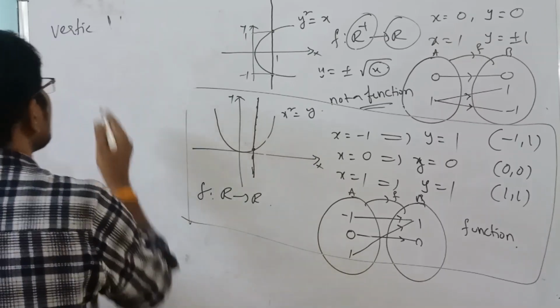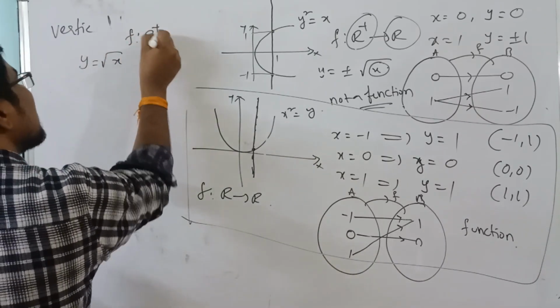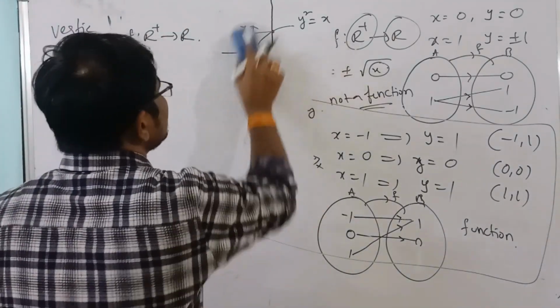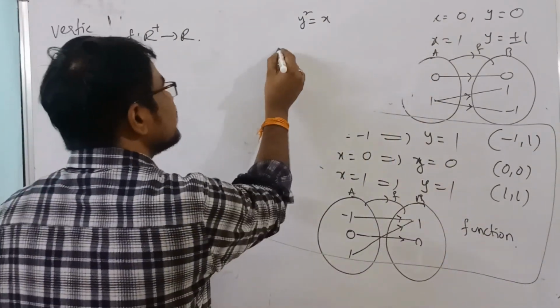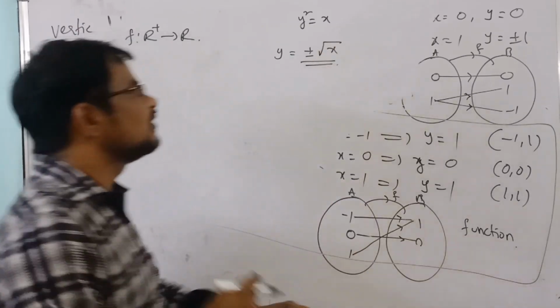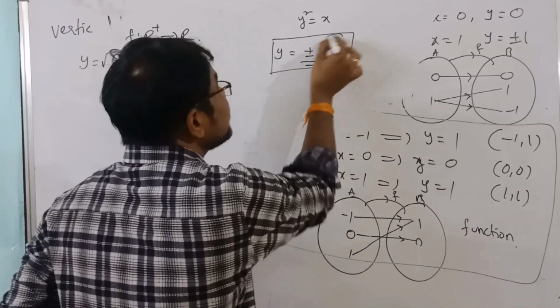Suppose the same thing, y equal to root x, and f is mapping from R plus to R. Is it a function? The previous one was y square equal to x. So y square equal to x means y equal to plus or minus root x, which means y has multiple values.